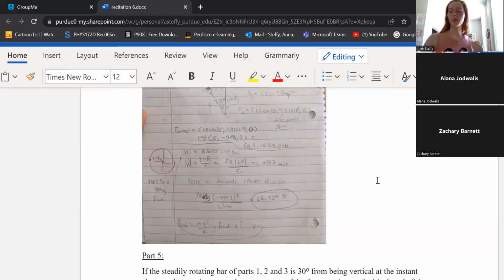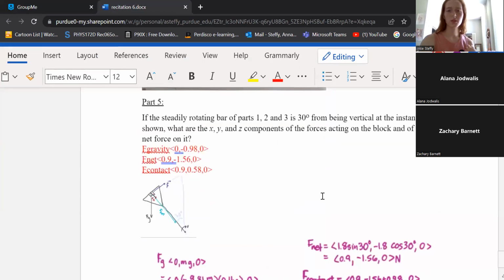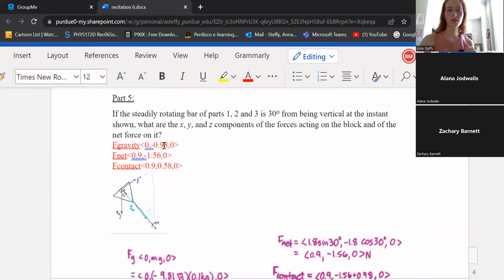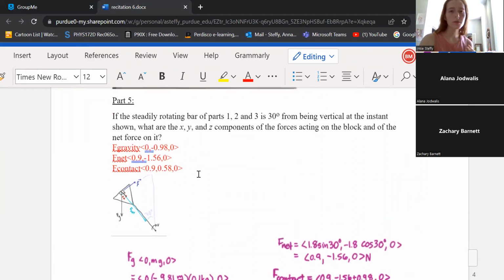I don't have my calculator with me. Well, both of you have positive, so yeah, negative. I'm just going to have to get my calculator. I'm not quite sure about this one, honestly.